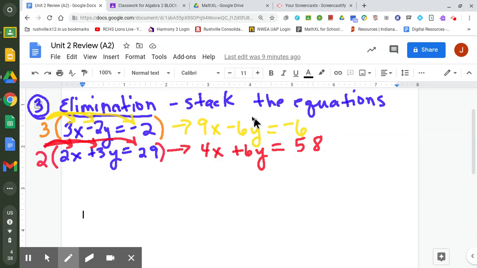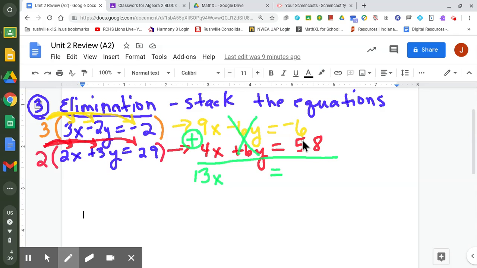And now that I'm ready to eliminate, I'm actually adding these two new equations together. So 9x plus 4x gives me a 13x. Negative 6y plus 6y eliminates. I have my equal sign, and then I've got negative 6 plus 58.